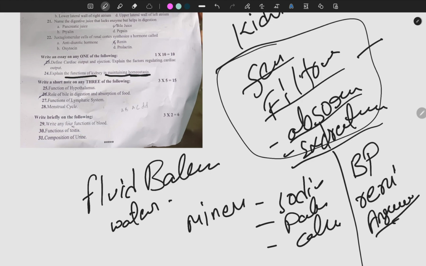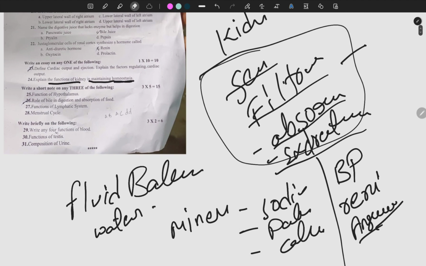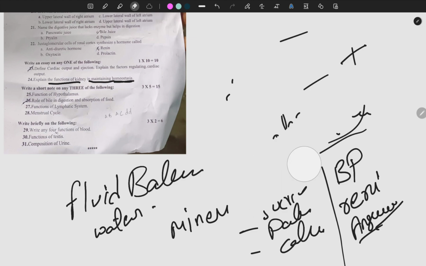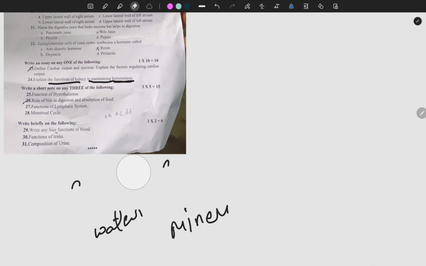These are the hormones secreted by the kidney. So like that you have to write the functions of the kidney for the maintenance of homeostasis. Homeostasis is nothing but the correct level of the function of the body.